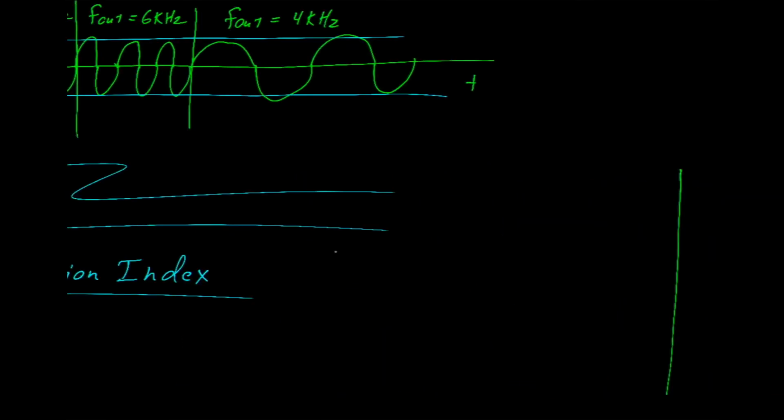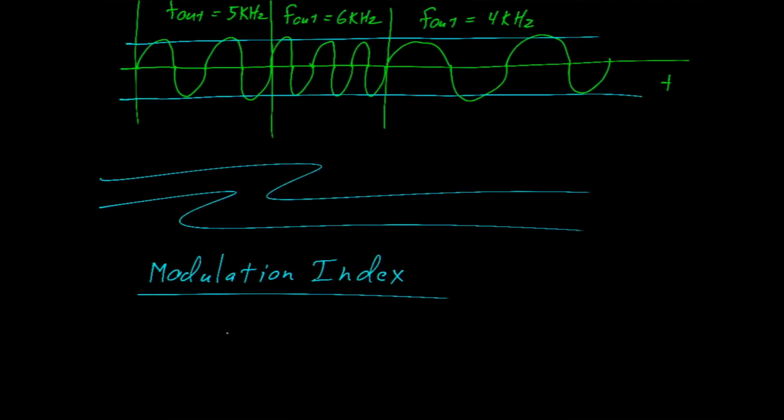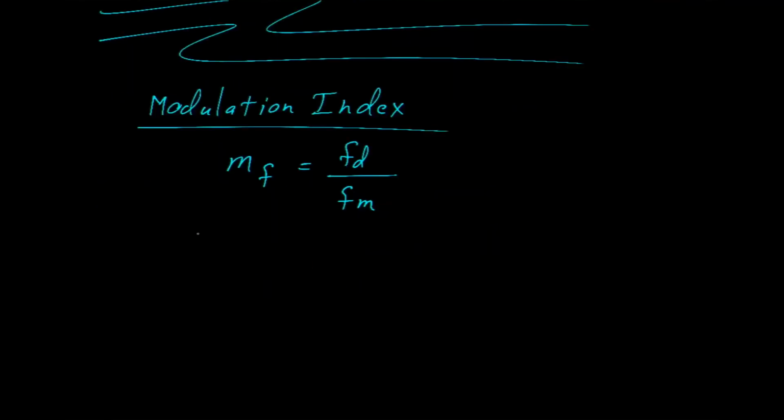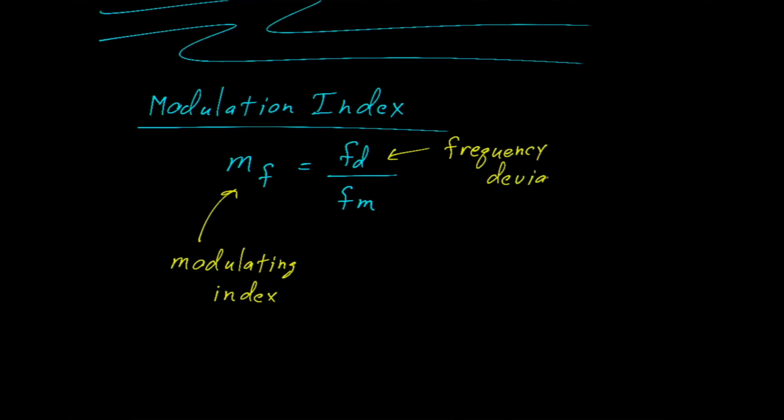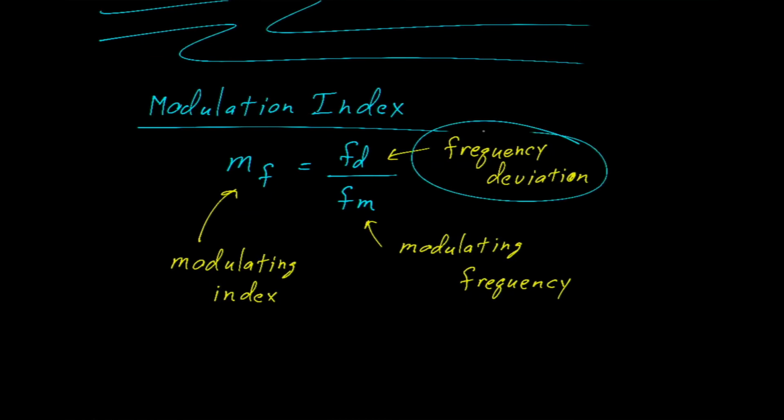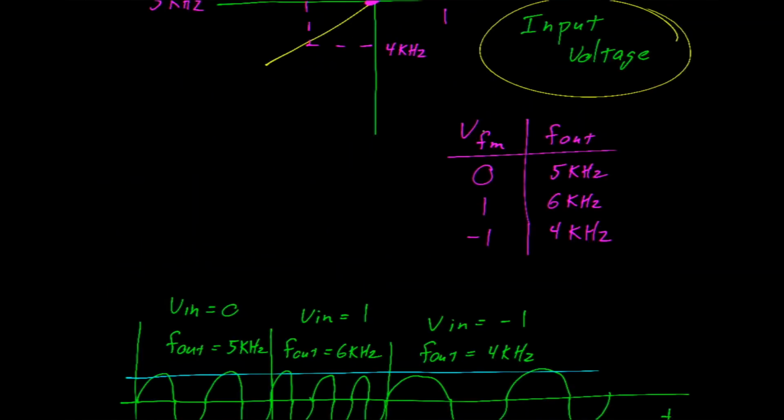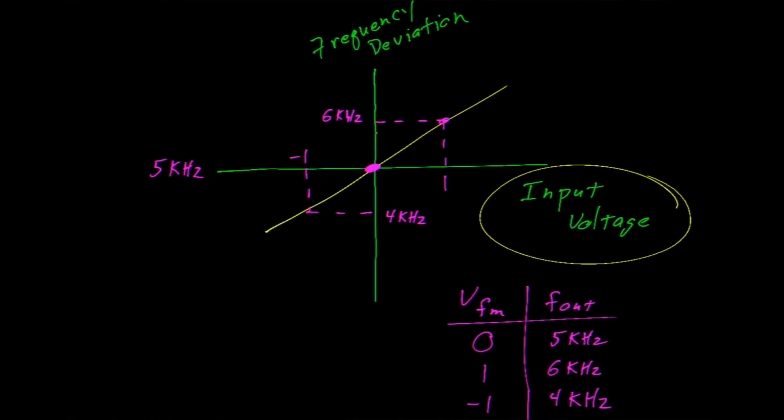For FM, the modulation index, M sub F, is described as the frequency deviation divided by the modulating frequency. Here, frequency deviation is a question of how much the pitch changed.